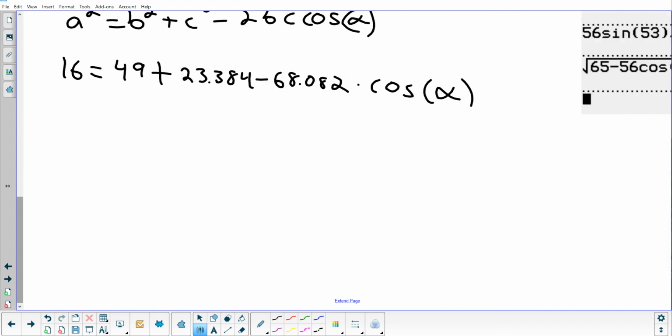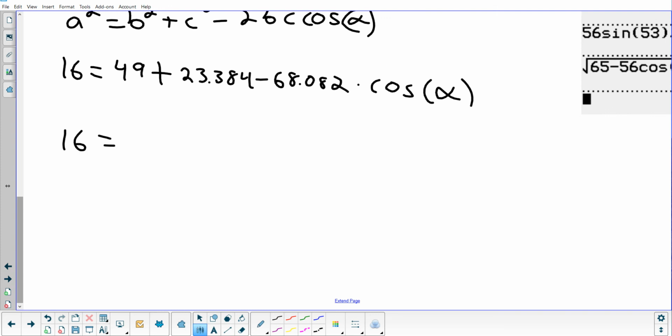Okay. This time it's a little different. We're trying to get alpha by itself. Well, this time everything is with alpha. So we're going to combine what we can first, and then we're going to slowly start moving everything to the other side. That's the difference when you're solving for an angle. The variable is mixed up with all the numbers. We have to move everything to the other side.